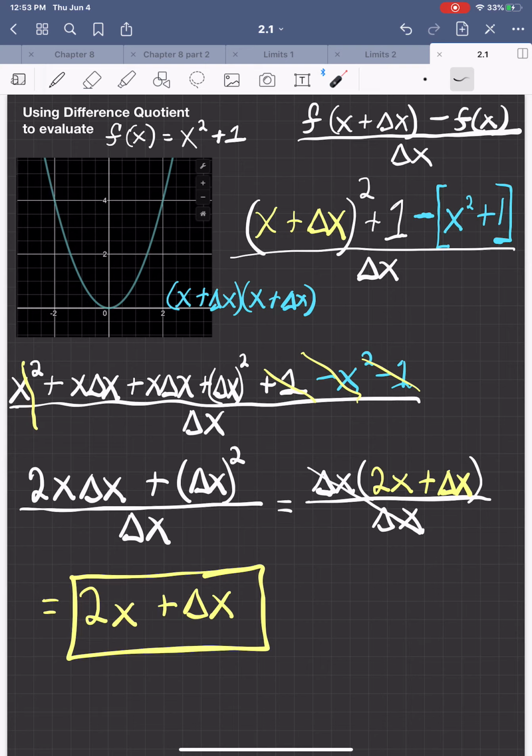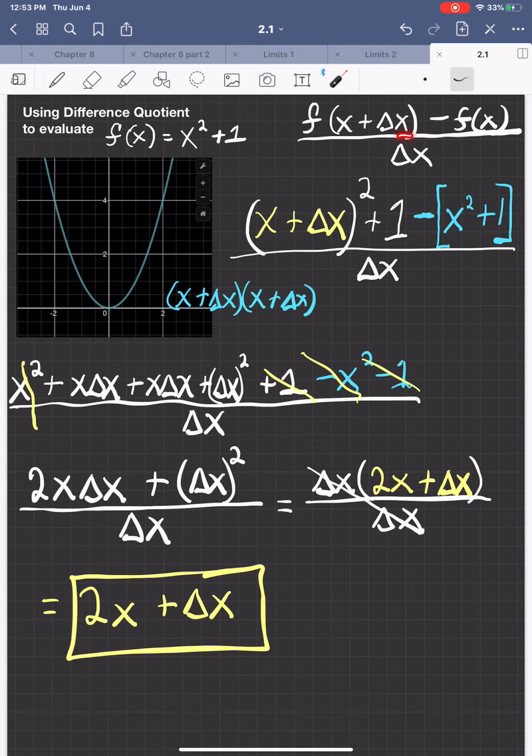Now, the next thing I wanted to point out is that for many of you, you remember this difference quotient being here, but instead of a delta x, maybe you had an h here. And if you'd like to use the h instead of the delta x, that's perfectly fine. I'm going to continue with the delta x because it's meaningful for where we're going in this class.